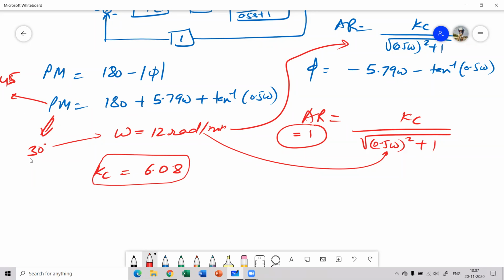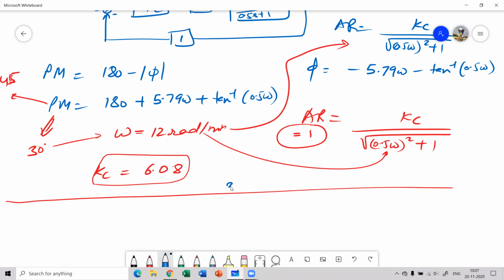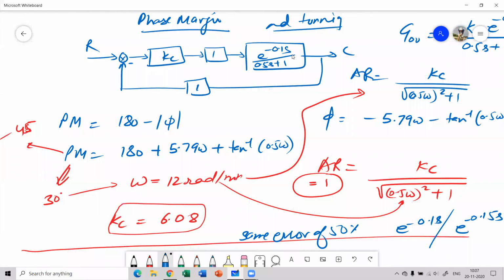So now we have tuned the parameter Kc, which is 6.08, by considering a phase margin of 30 degrees. Clear? So now let's again take the same error of 50%. That is, instead of 0.1s, the actual value of dead time was 0.15s.